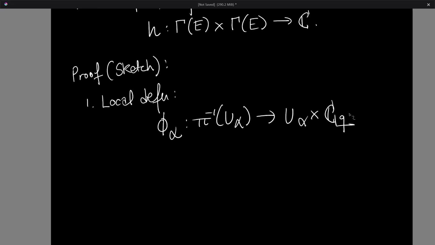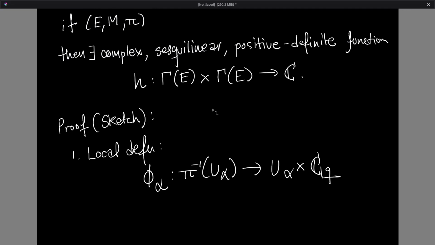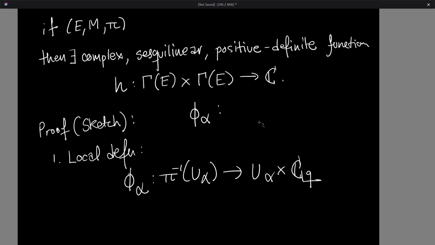So the local trivializations are, I keep saying this, but this is very important, like the analog of the homeomorphisms, right? So for a normal manifold, phi alpha is like U alpha to C^m, right? So this is what this is doing. This is whatever the analog of a local neighborhood is for the vector bundle, and this is whatever the space that we want it to be homeomorphic to is for the vector bundle.